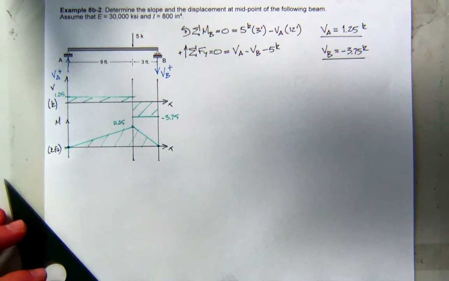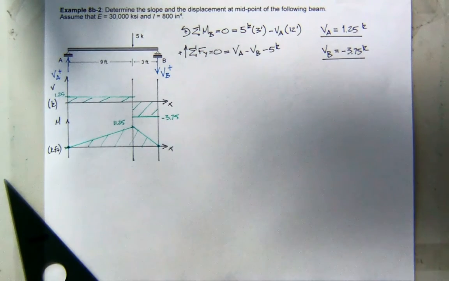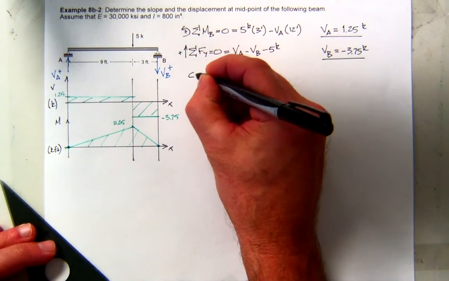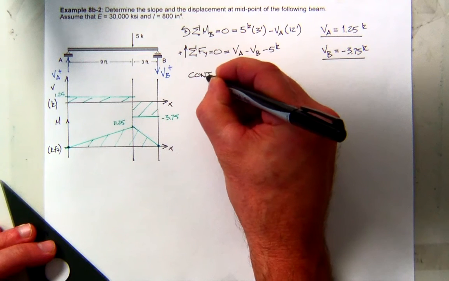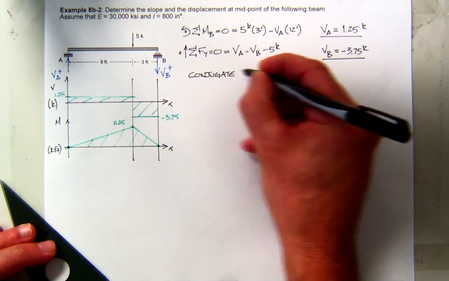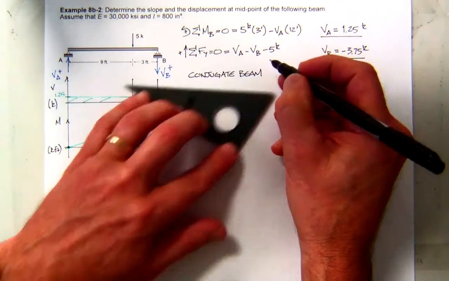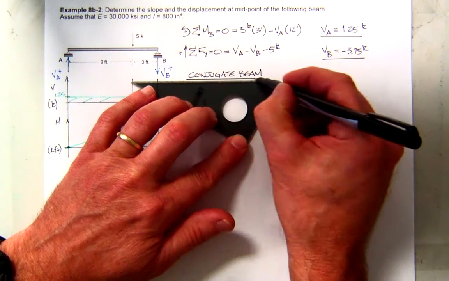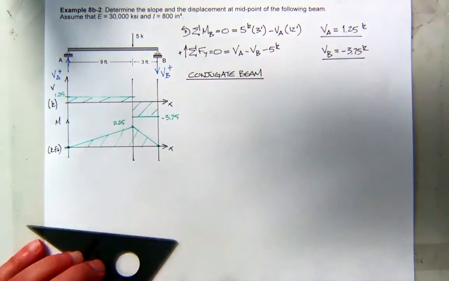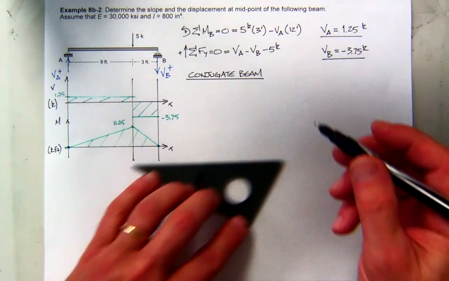So now I'm going to draw my conjugate beam, and I'm going to put this on it as load. So looking at your support conditions, you'll know that they're both external pins and rollers, and how do those map into conjugate beam? They are unchanged.